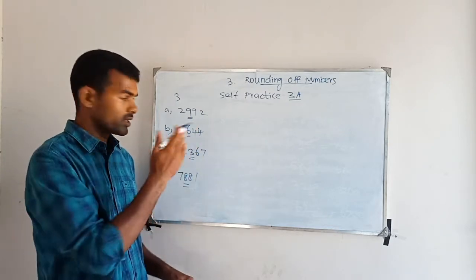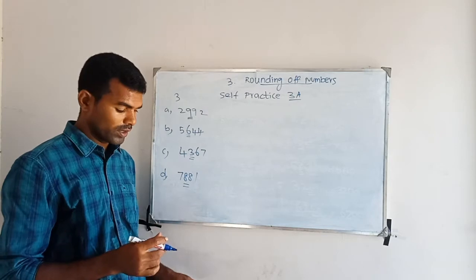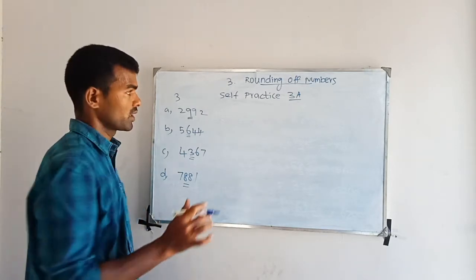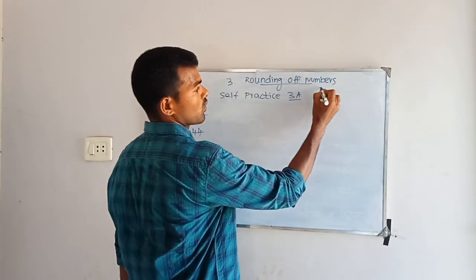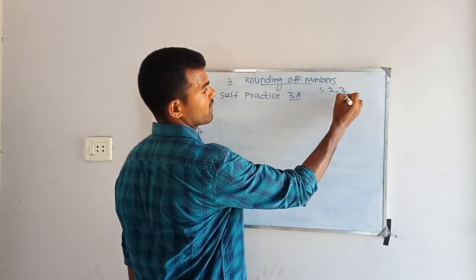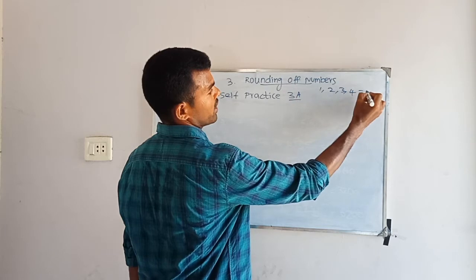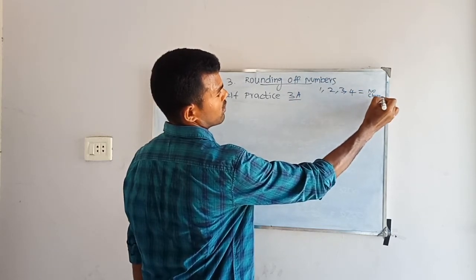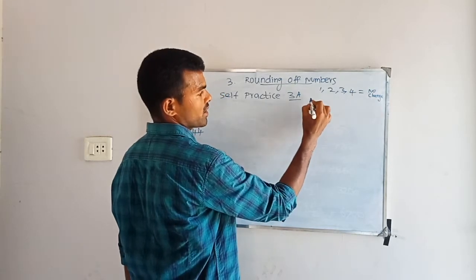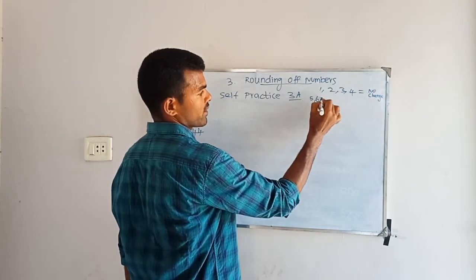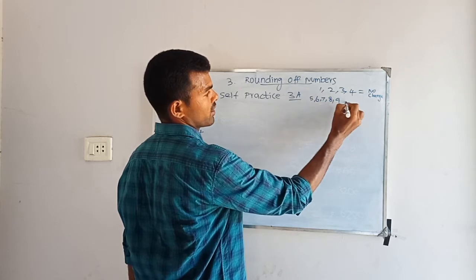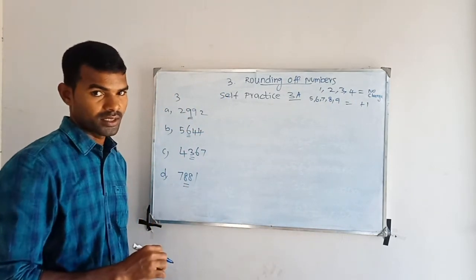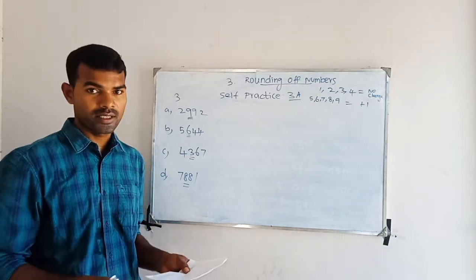Then only you change the thousands place. Same rule: if the digit is 1, 2, 3, 4, no change. But if the digit is 5, 6, 7, 8, 9, you have to add plus 1 to the required digit.